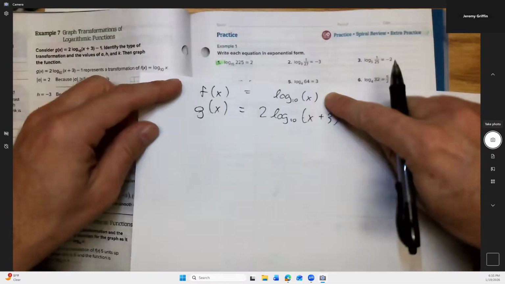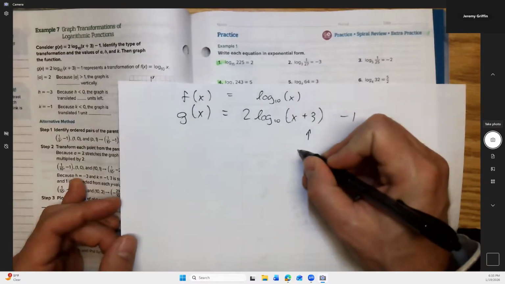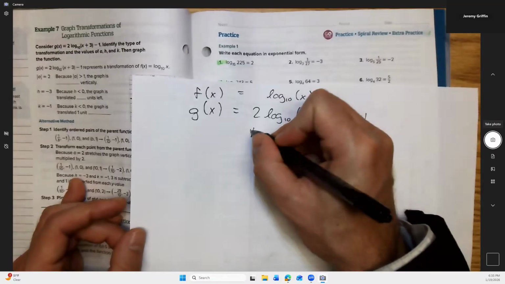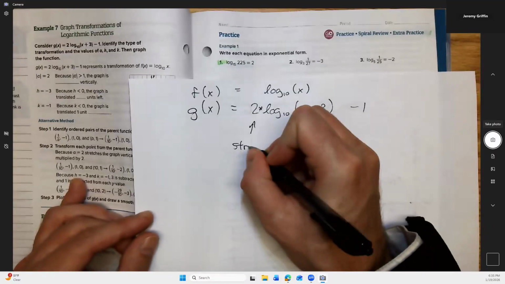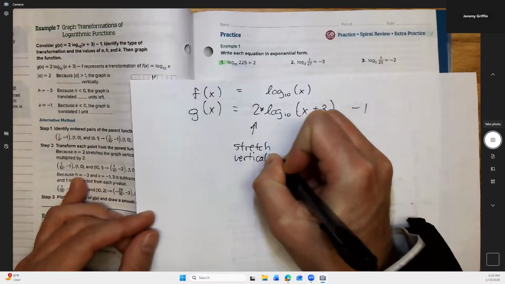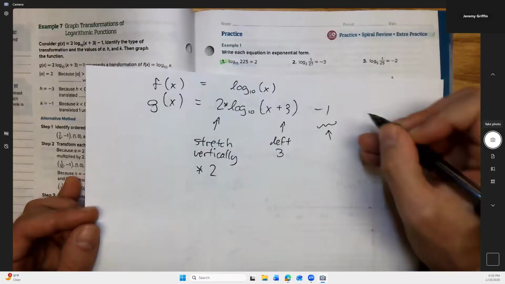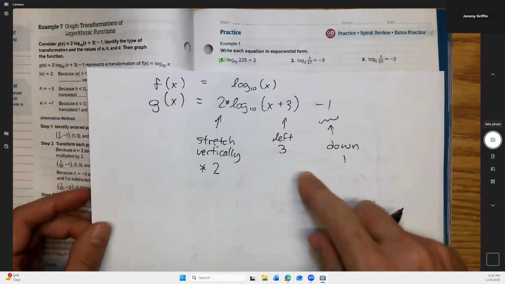It looks like this. Well, we're looking at transformations. So I think this plus 3 means go to the left 3. This 2 times in front would stretch vertically by a factor of 2. And this minus 1 tagged to the end says go down 1.